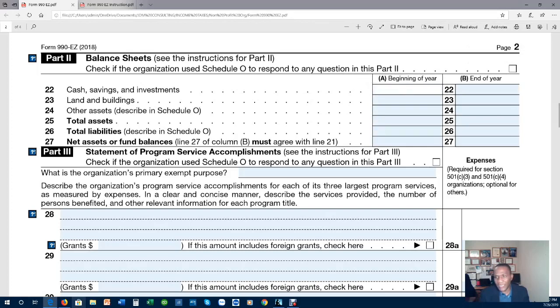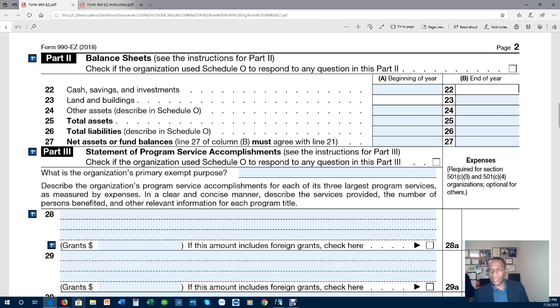You'll indicate the beginning of year, beginning January 1st if you are a calendar year, 2018, since this is the 2018 return, cash, savings, and investments on your balance sheet as of the beginning of year. And then end of year, as of December 31st, what was the end of year cash, savings, and investments.